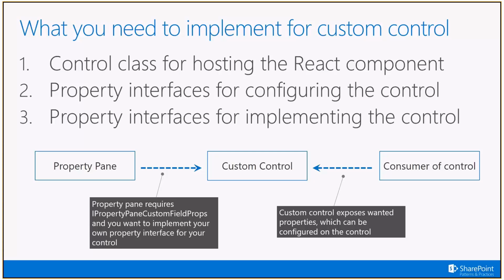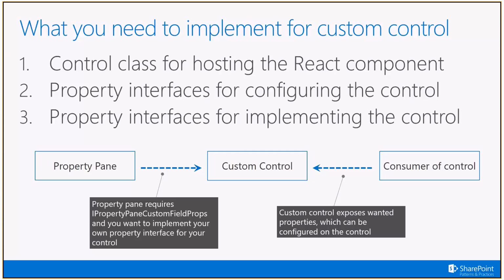Those come from the IPropertyPaneCustomFieldProps, and you need to implement them within your custom control so that it can provide the needed guidance, properties and settings for the property pane. Your custom control is then used by the consumer, and in this context the consumer is, for example, the developer who uses your custom control within his or her client-side web part to overwrite the property pane.